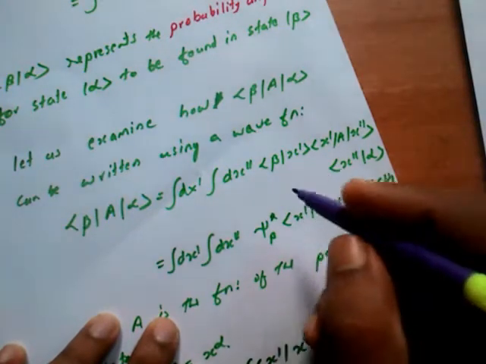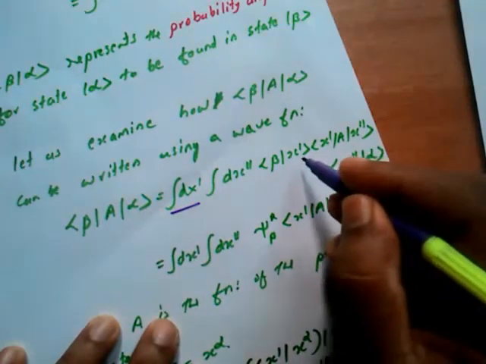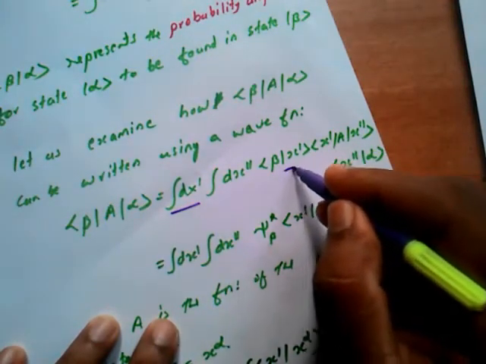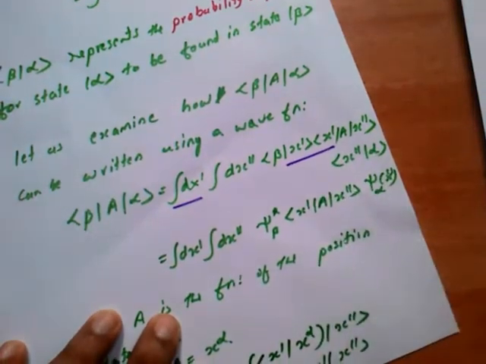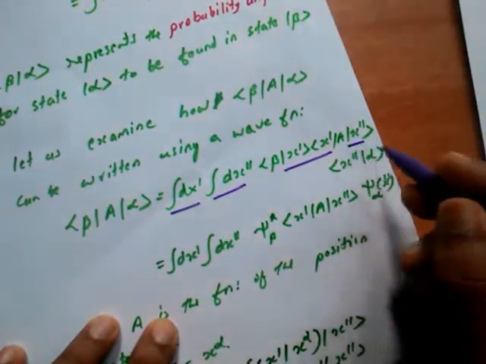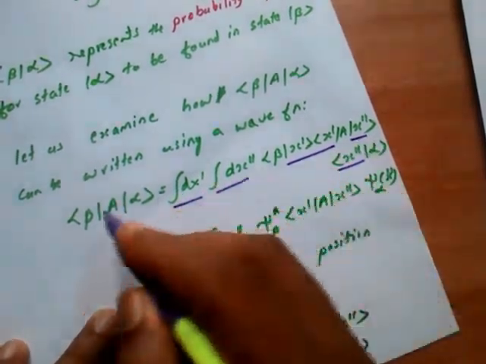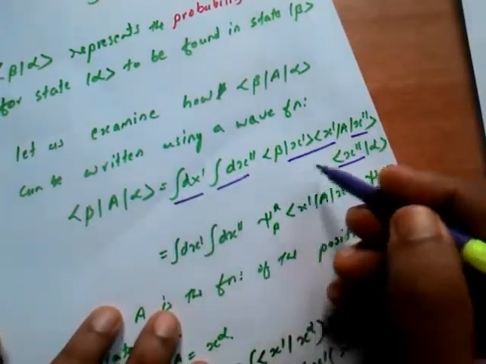We know by the completeness relation that integral dx dash outer product of x dash equals 1, as well as integral dx double dash outer product of x double dash equals 1. So we can write beta A alpha in this format.